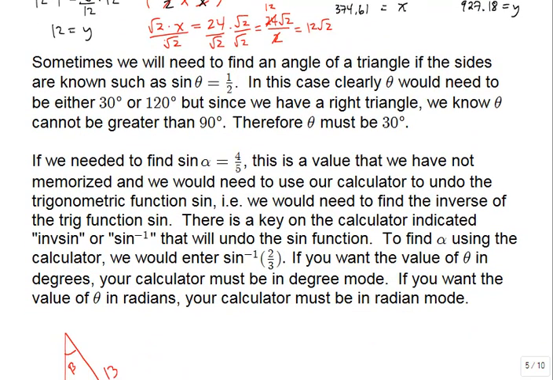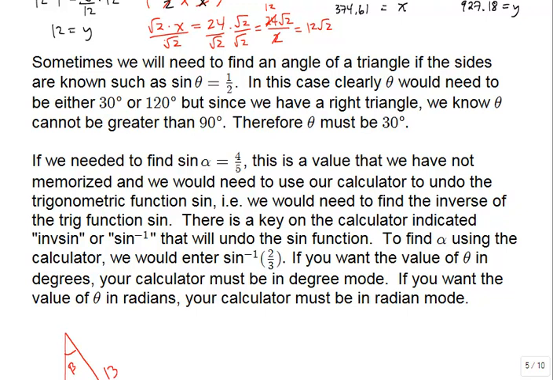Sometimes, however, you might have something like you know that sine of alpha is equal to 4/5. This is not a value that we have memorized. It's not like one of our root 3 over 2's or root 2 over 2's. So we would need to use a calculator to undo this trigonometric function, to undo this sine, so we could figure out what alpha is.